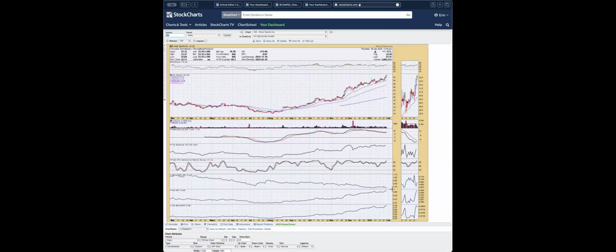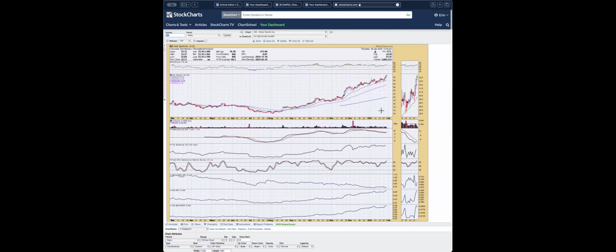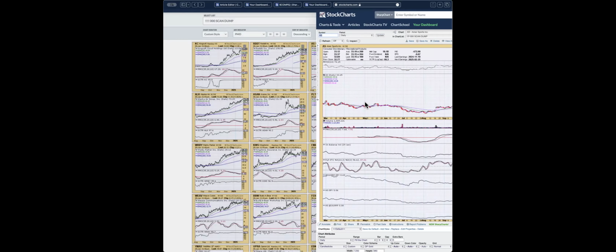I don't necessarily need the group to be outperforming. It's good if it is, because it puts the wind at the stock's back, but in this case, it's not been a problem. It's still outperforming. And you can see that it tends to be a leader within this group as it has rising relative strength against the group. So a nice little setup here on AS, Amer Sports.